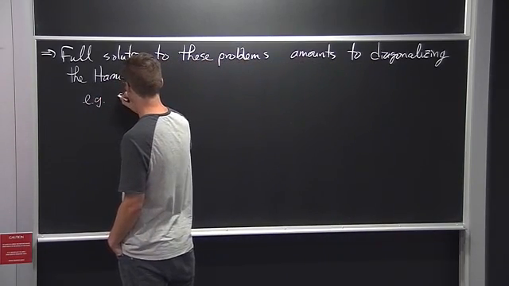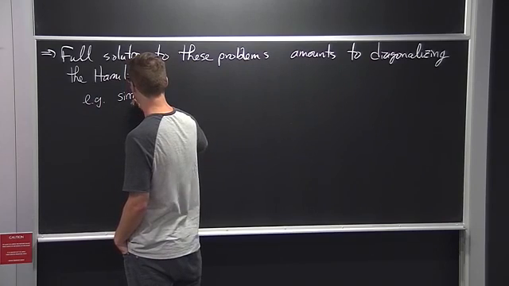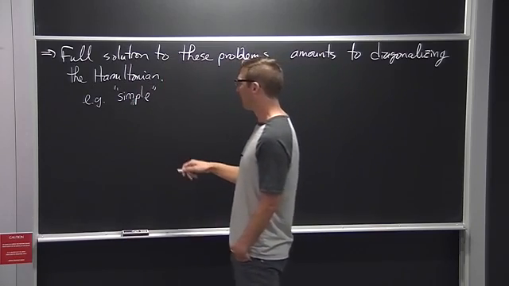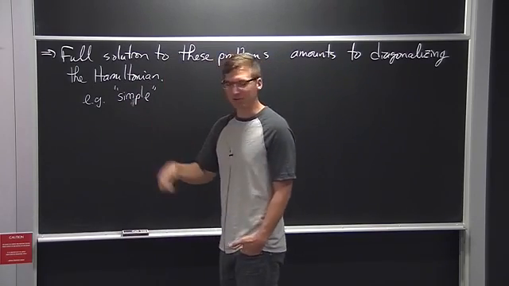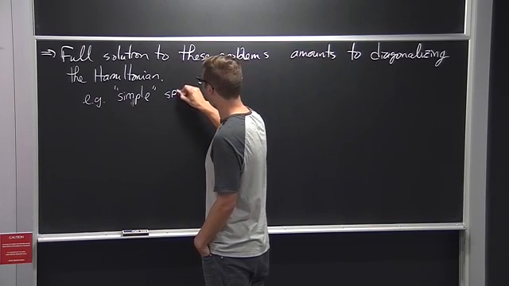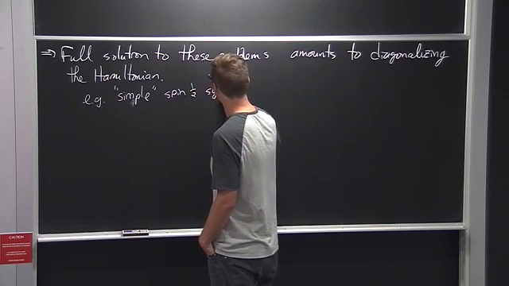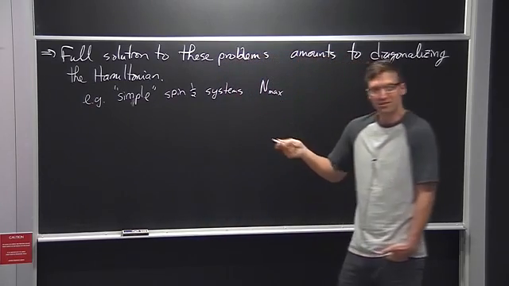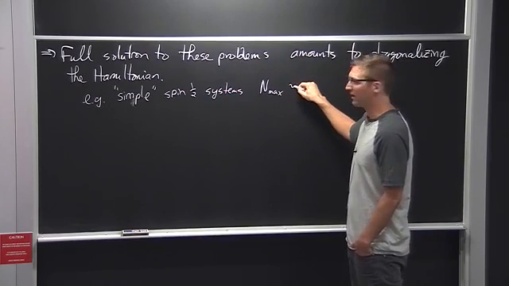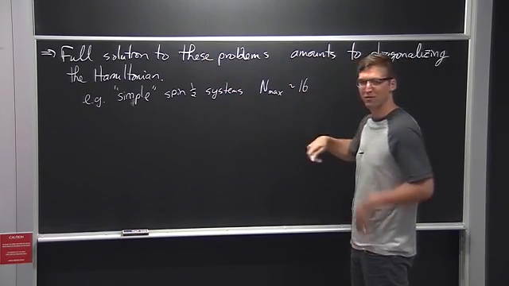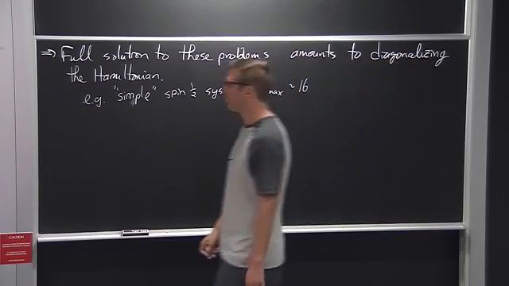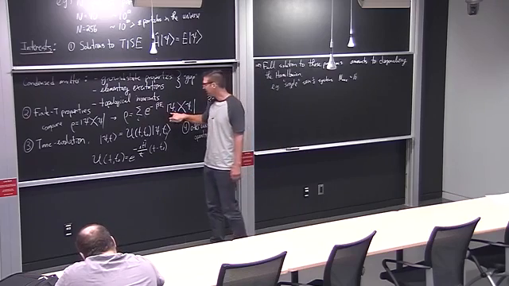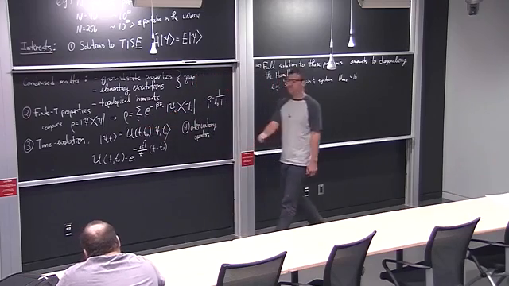spin 1/2 systems, and by simple, I'd have to define the Hamiltonian, which I haven't really done. But for simple Hamiltonians with high symmetries, say, the maximum number of spins that you can diagonalize might be something like maybe 16 if you're doing full spectrum diagonalization, say, to get thermodynamic properties, where you need all of the spectrum to do this sum.